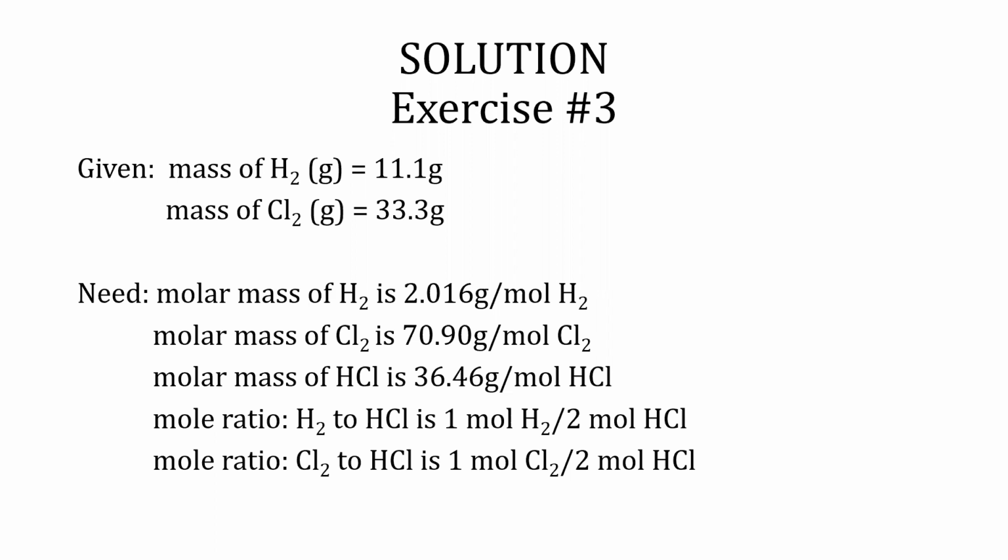Additionally, we need the mole ratio between H2 and HCl, which is 1 mole of H2 over 2 moles HCl, and also the mole ratio between Cl2 and HCl, which is 1 mole of Cl2 to 2 moles of HCl.